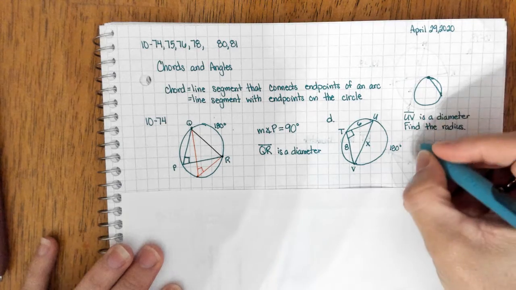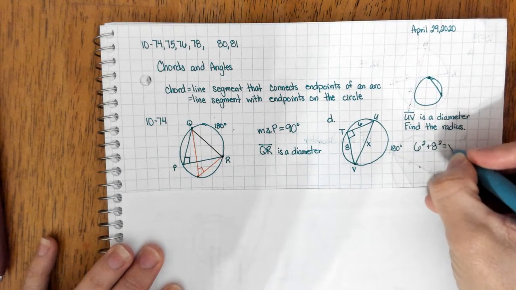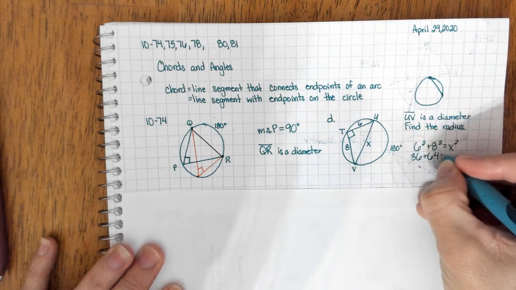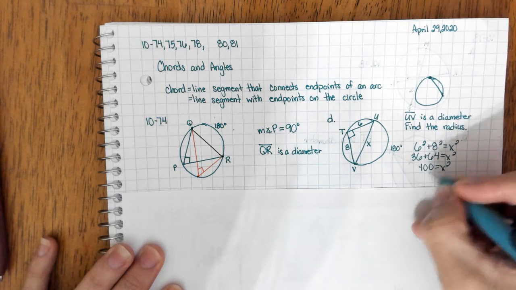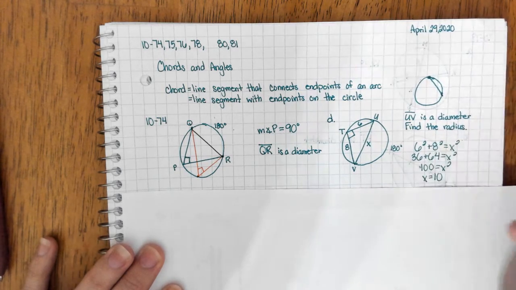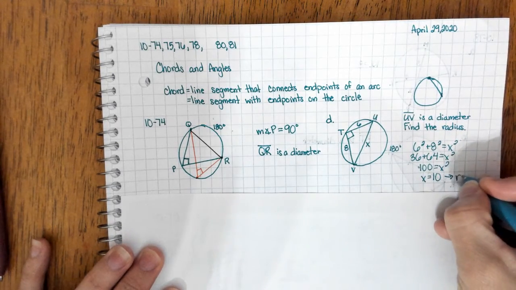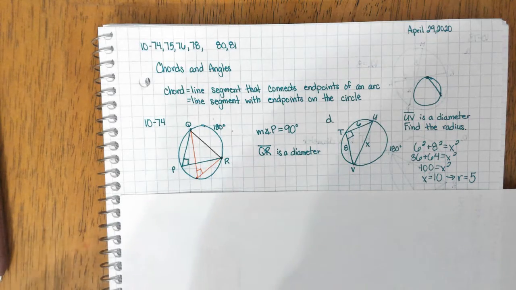So let's call this X. 6 squared plus 8 squared equals X squared. So 36 plus 64 is X squared. 100 equals X squared, so X equals 10. So UV is 10, which then tells us our radius is 5 because UV is the diameter.